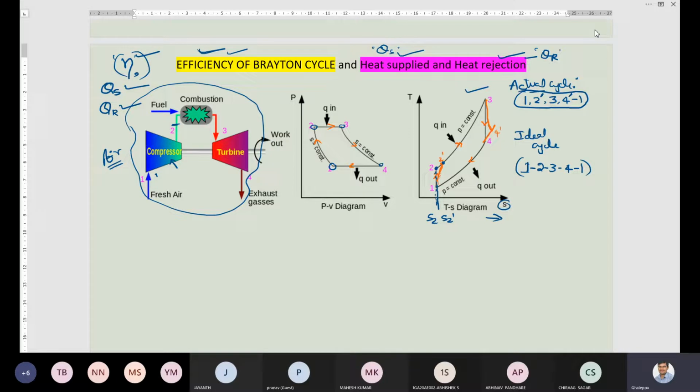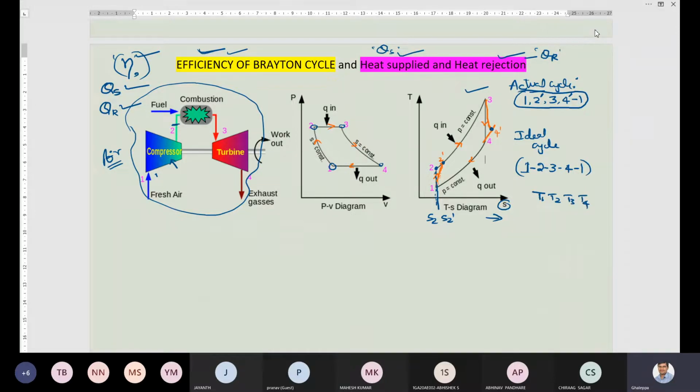So keep in mind, whenever in the question paper or in a numerical they ask you to calculate the actual cycle, we need to determine temperature at point 2 dash and temperature at point 4 dash. If it is the normal ideal cycle, then T1, T2, T3, T4 are sufficient.